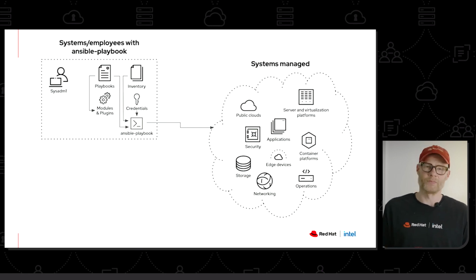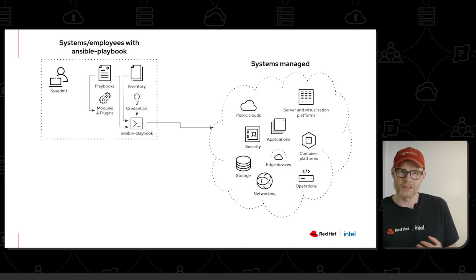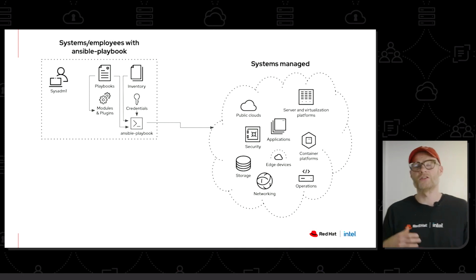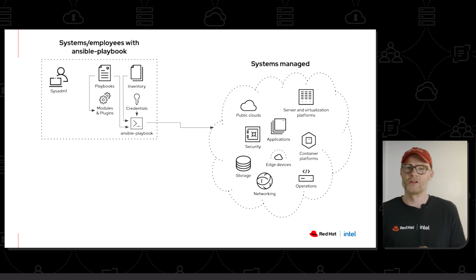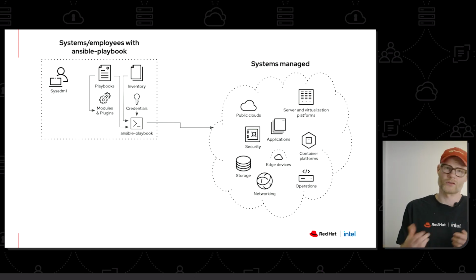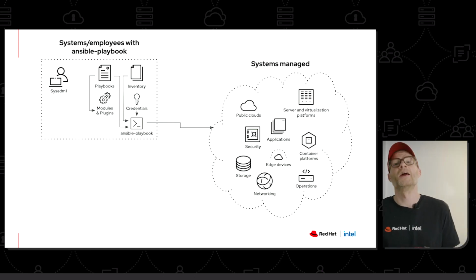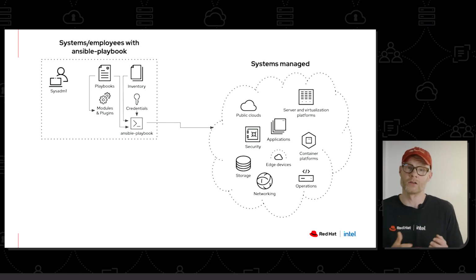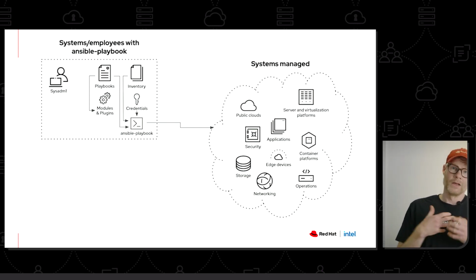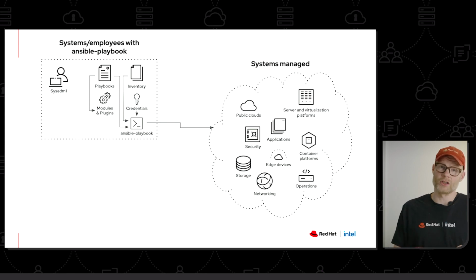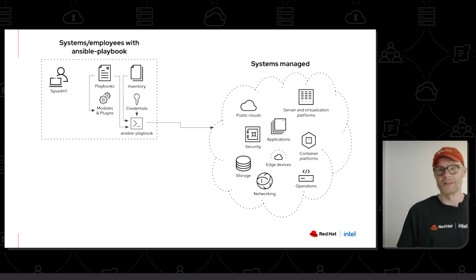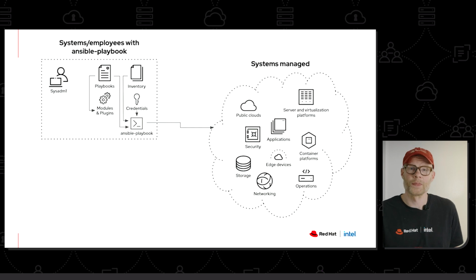This is very, very easy to get going, and you store all your automations, which are called playbooks in Ansible, all the modules you need to perform those automations, the inventory which hosts all the machines you want to automate, and the credentials for those machines, all on your local computer. And with this solution, you can automate basically anything within your organization.